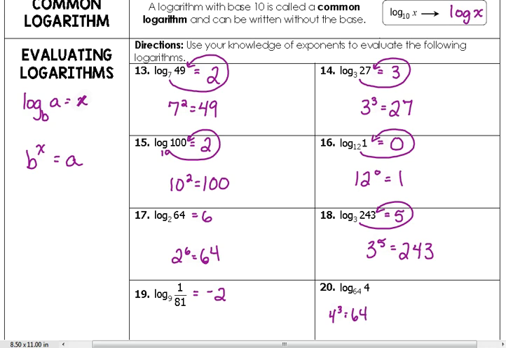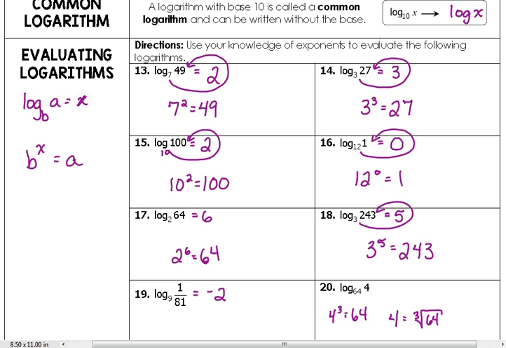If 4 cubed is 64, then how can we get this equation right here equal to just 4? How can we get that 4 by itself? What's the opposite of cubing something? Cube root. So 4 is equal to the cube root of 64.